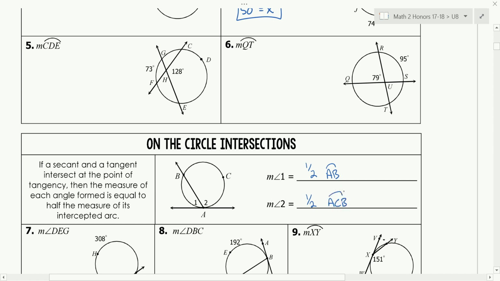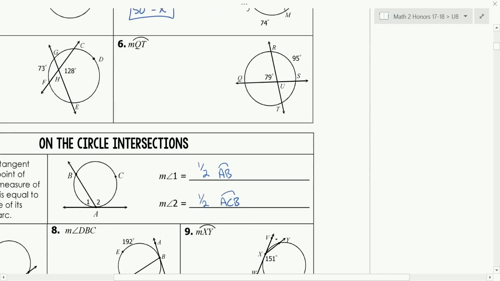Both arcs have the same endpoints, but if you only use 2 letters, that's the minor arc, the one with the measure less than 180 degrees. If you use 3 letters, it's the major arc, something bigger than that. How does this formula pair up with the other one? If we have an inscribed angle on the circle, do we get the same kind of formula?